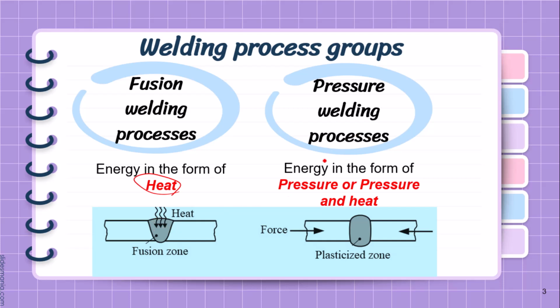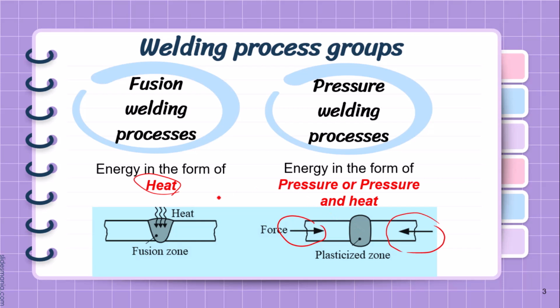In pressure welding processes, the energy is supplied in the form of pressure or pressure and heat. And you can see that we have the application of pressure, and we may have fusion, or we may have some plastic deformation. It depends on the process that we use.